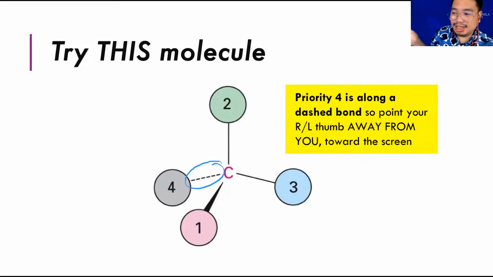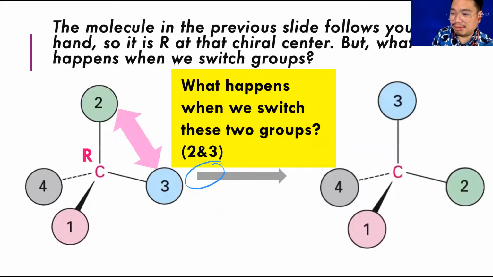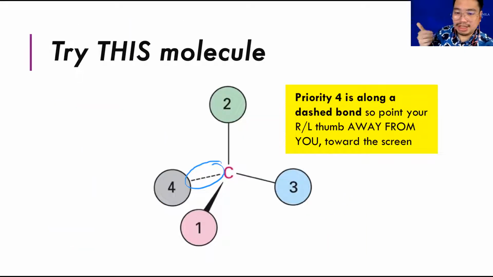See? Did everyone get a 1, 2, 3 with their right hand using this molecule? Or a 2, 3, 1, or a 1, 2, 3. Okay? So did everyone get that this is a right-handed molecule?